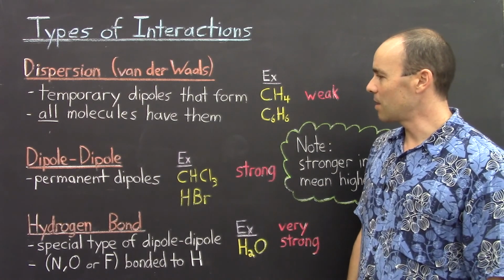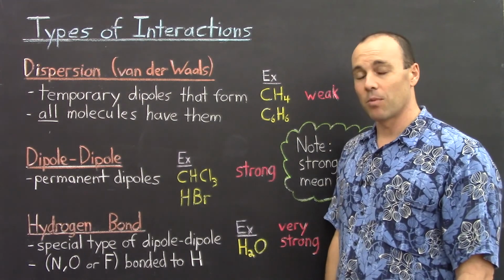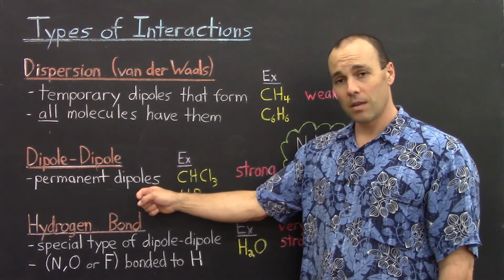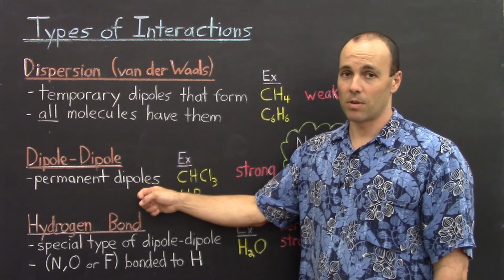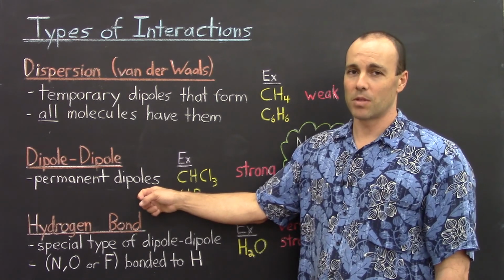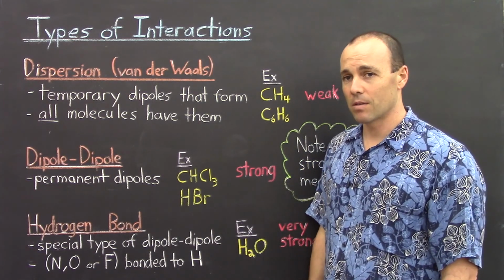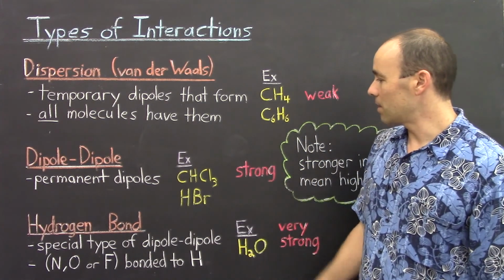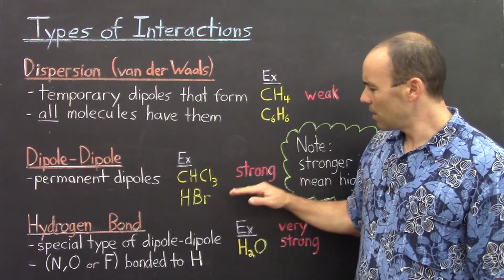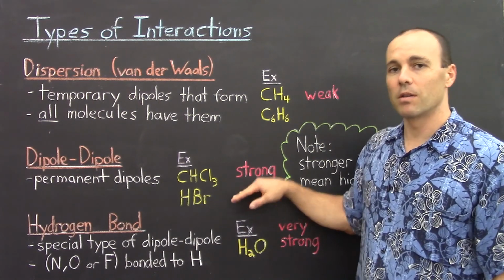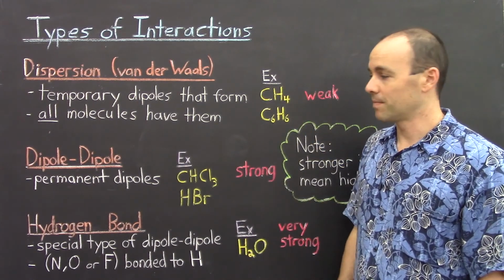The next type of interaction is the dipole-dipole. Now, in order to have dipole-dipole interactions, there has to be a permanent dipole. So not all molecules exhibit dipole-dipole interactions. However, examples are CHCl3 and HBr. And these interactions are stronger than the dispersion interactions.